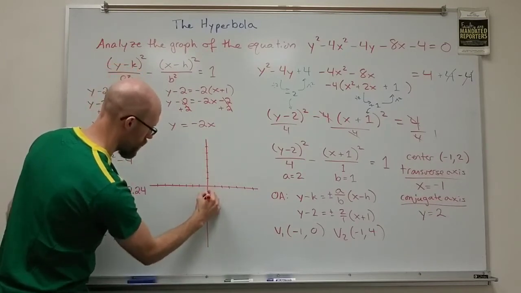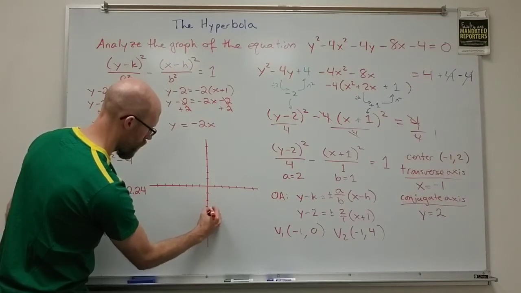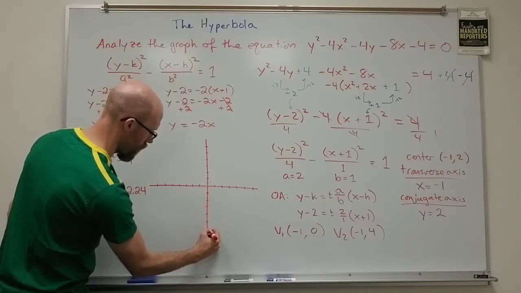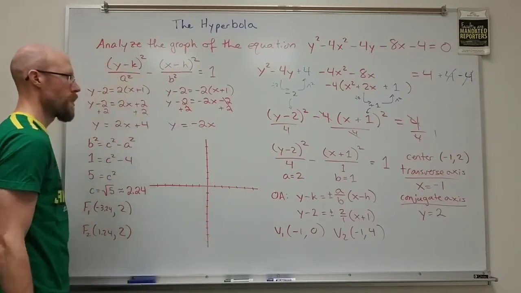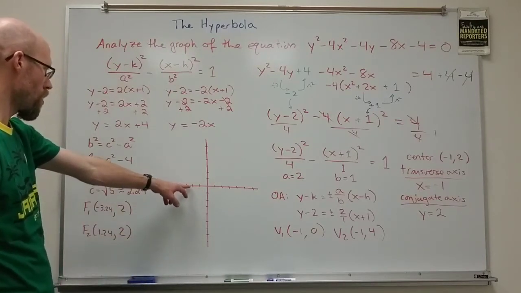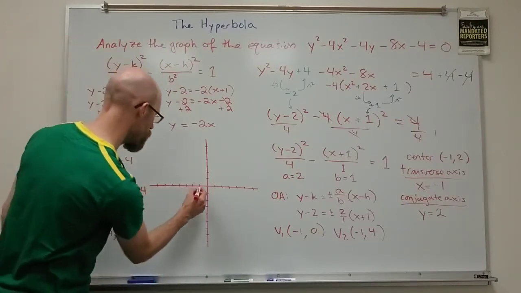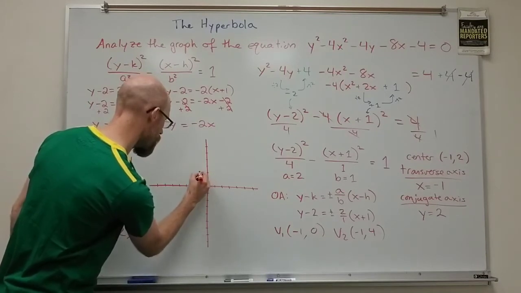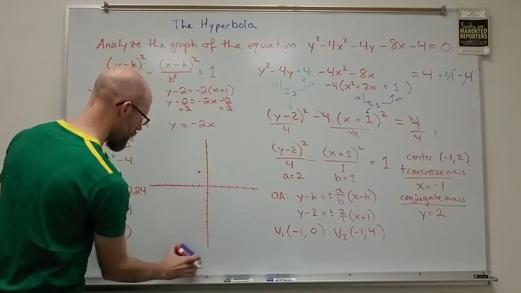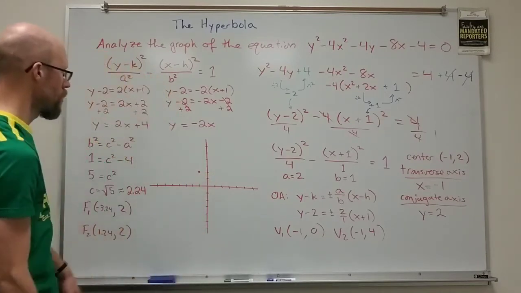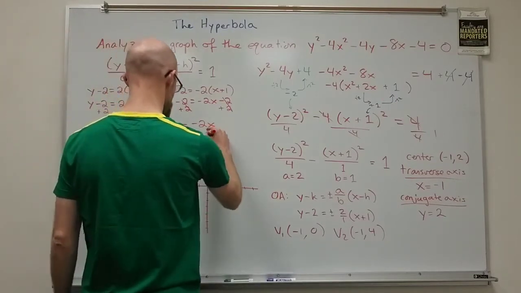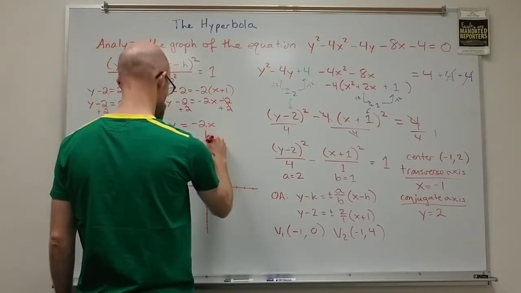See if I can get a decent looking graph here. Okay, so I got to go left 1 and up 2. Probably built more of this down than I needed. And I probably need more going up, honestly. So maybe I'll extend that up a little bit.